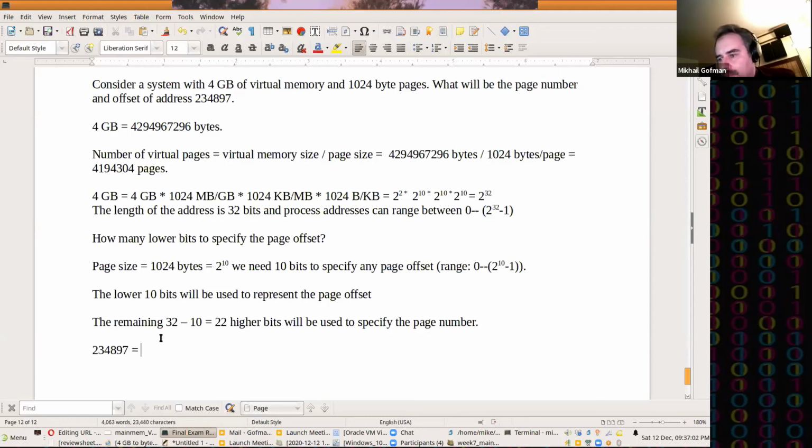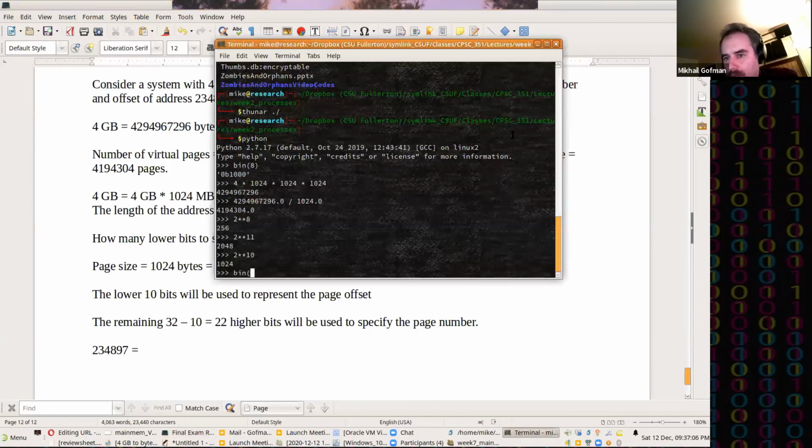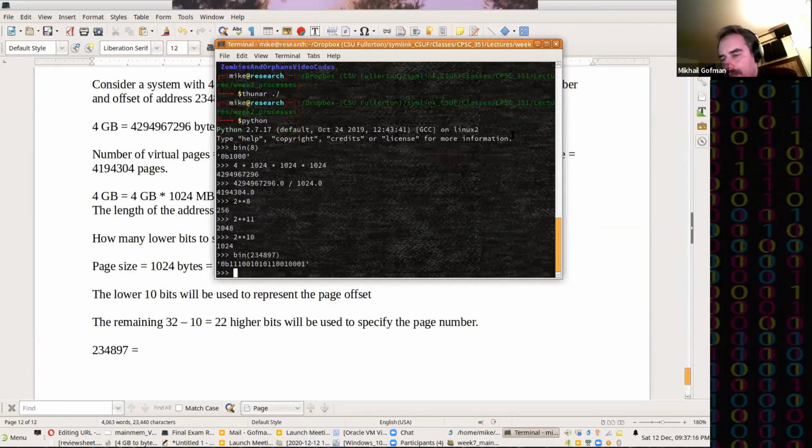Now, the question was, let's take this address and convert it into binary. So we do bin and 2, 3, 4, 8, 9, 7. So like that. And I'll have to add some zeros to make it a 32-bit number.